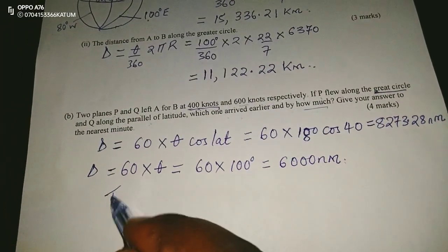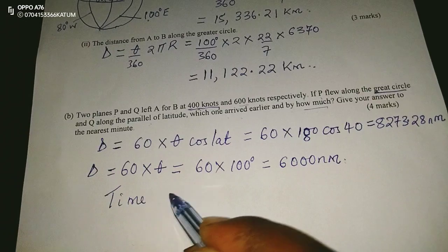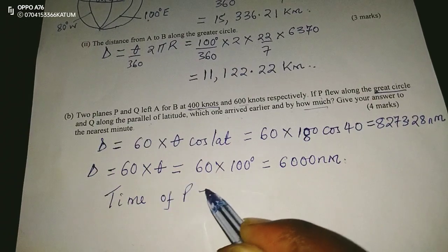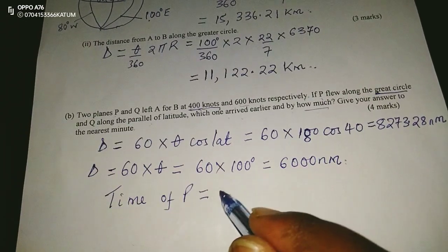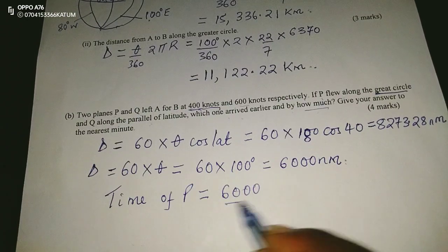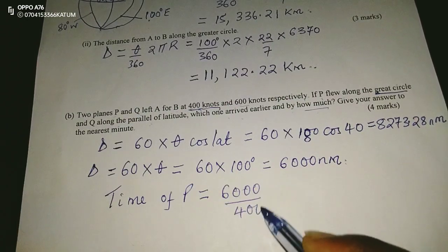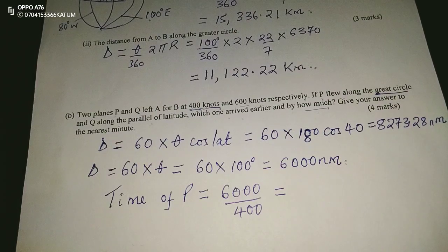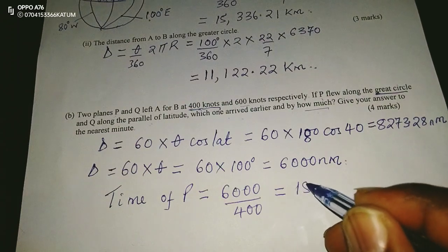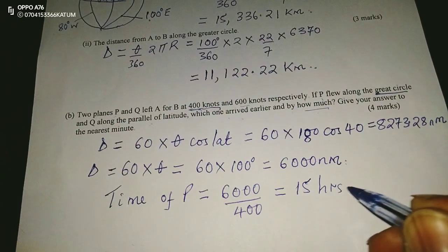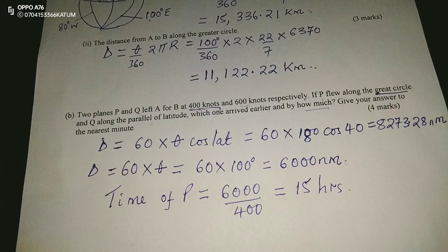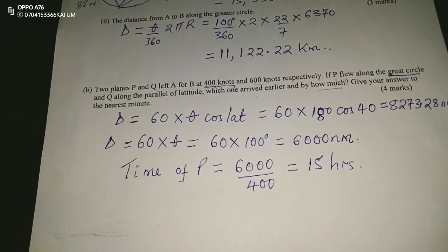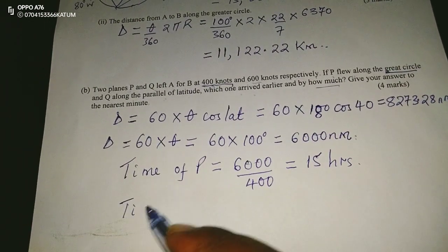The time P is going to take, time is given by distance divided by speed. So we're going to have 6,000 out of 400. This will give us 15 hours. So plane P is going to take 15 hours.